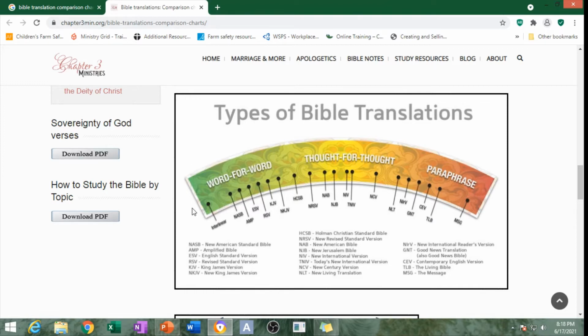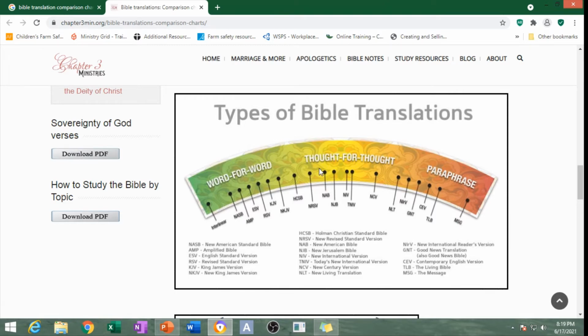Over here on the left, they always put word for word, so that's as close as possible to just this word means this, translating it straight word for word. And then it goes all the way to thought for thought and over to a paraphrase. So it's as close to the original as possible to further away from the original.